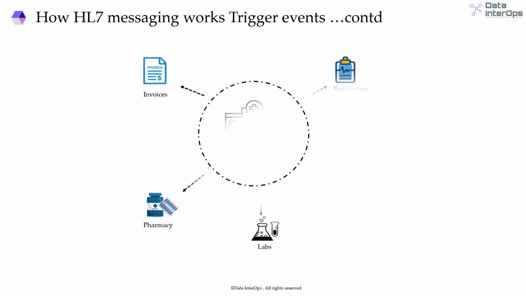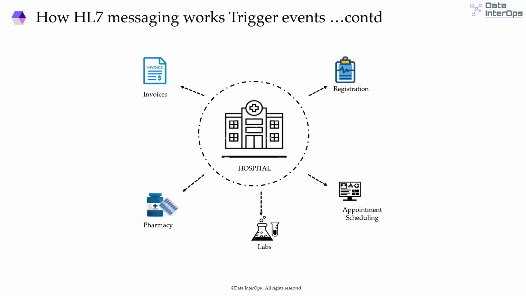So now, if you categorize the trigger events in the hospital, or if you categorize the entire hospital into different departments or different mechanisms, you can see that we have registration is one type of category, and appointment scheduling is second type of category.